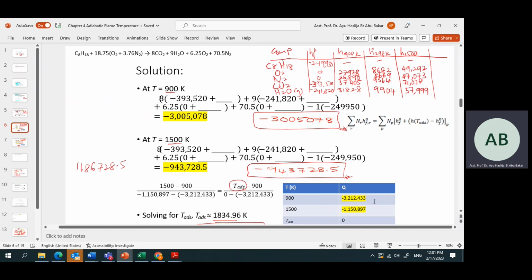For 900, this is the figure. I'm using my calculation. If you get slightly different, then you just use your calculation.